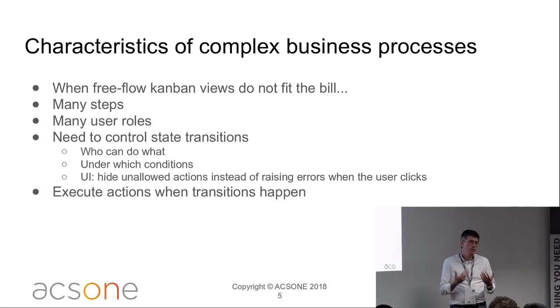And also we need to give some comfort to the user. So as much as possible, we must absolutely avoid that when the user clicks on the button, he gets a nasty error message saying he does not have permission to read or write something. And also we have to execute actions when a transition happens. We need to send notifications, we need to send data to external systems, and so on and so on.